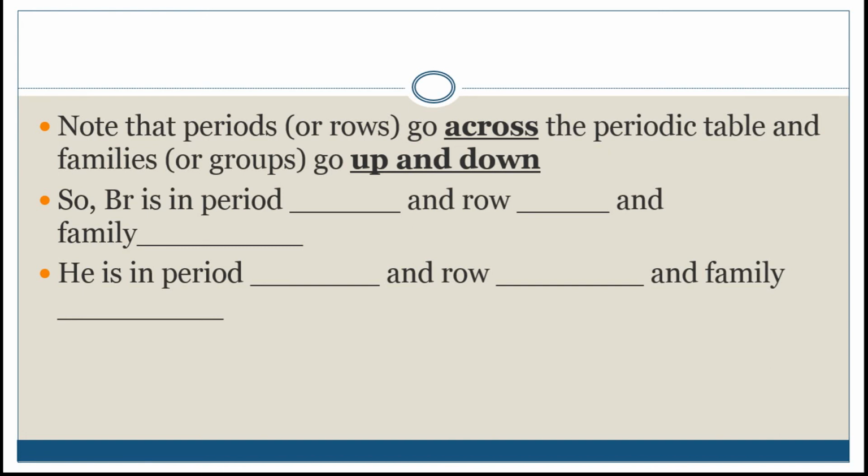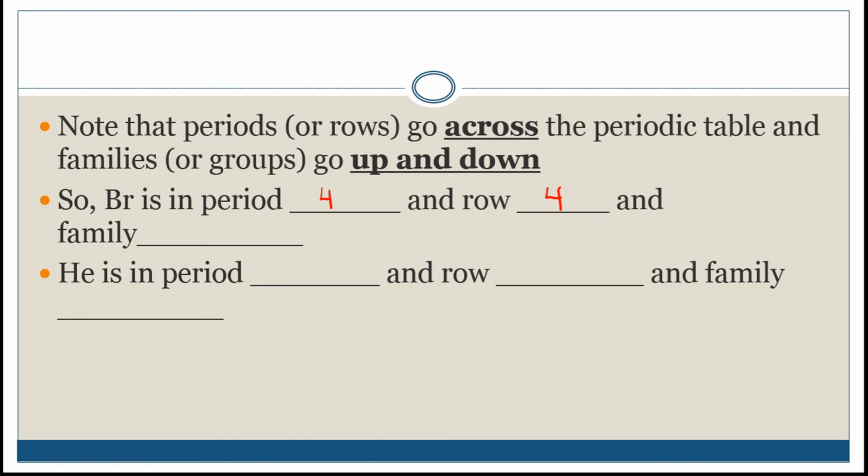Okay, bromine, element number 35. What row is it in? Count down very carefully. Row 1, 2, 3, it's in row 4. Period 4, row 4 means the same thing.